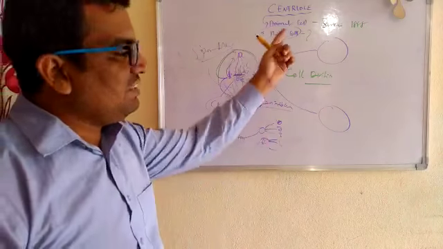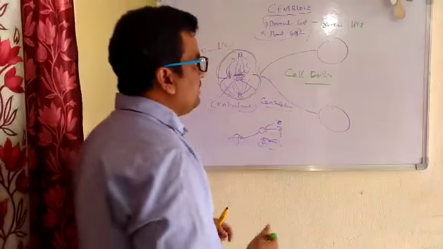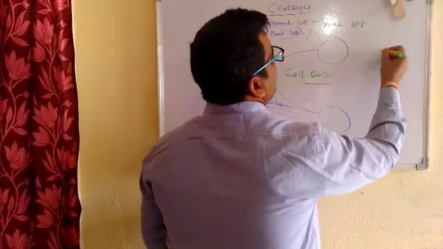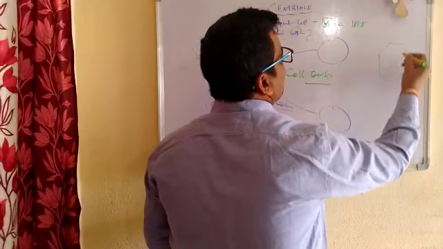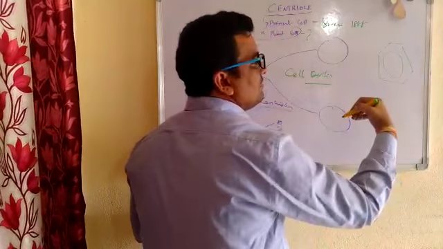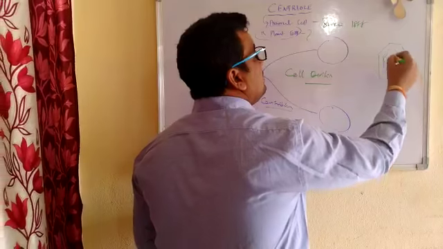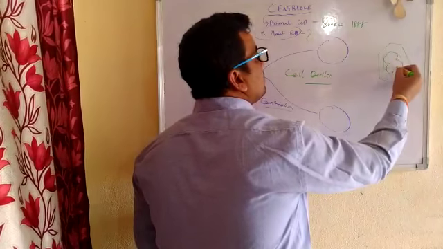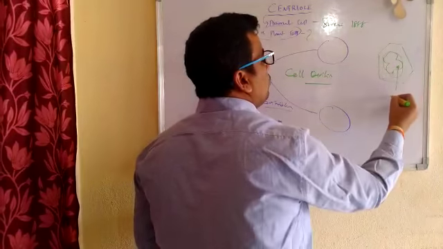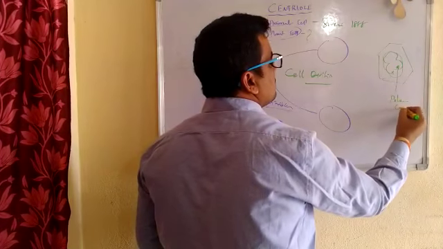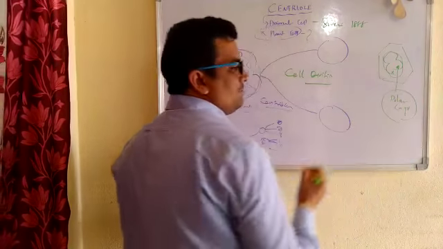Yes, plant cells also divide. When you draw a plant cell, you have to compulsorily draw the cell wall. It doesn't have a centriole, but when it starts division, it produces some important structures called polar caps. What, children? Polar caps.